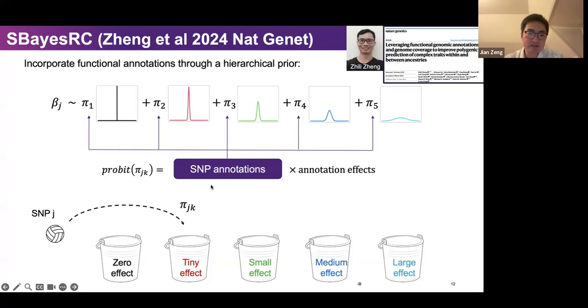We use this generalized linear model because it's convenient and it naturally accounts for the overlap between annotations, and we know that in the human genome there is likely to be lots of overlap between annotations. It also naturally accounts for both binary and quantitative annotations, like whether the SNP is in a coding region or not, or the LD score or allele frequency of the SNPs, which can also be used as annotations.